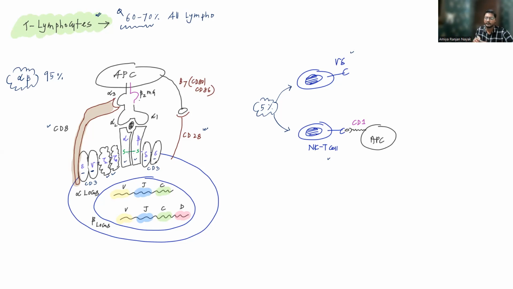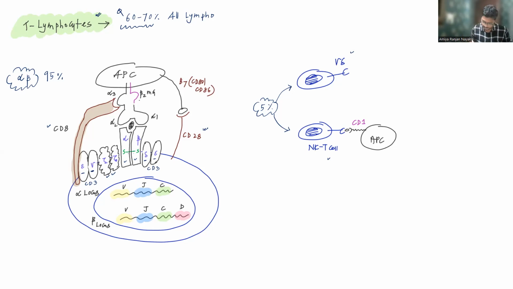If a T lymphocyte has both CD4 and CD8, that is known as a double positive T lymphocyte. That is only found in the cortex of the thymus, which we have already discussed when I discussed the thymus. In the peripheral circulation, the alpha beta T cells will have the alpha beta receptor and co-receptors. These co-receptors will include CD28 and also CD8 or CD4, not both CD8 and CD4.